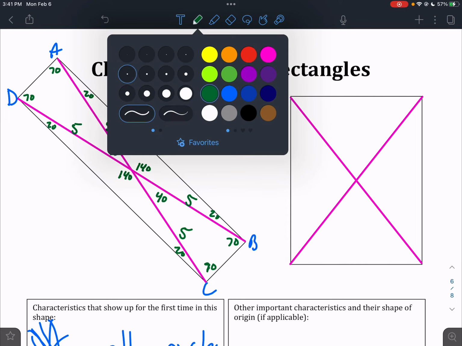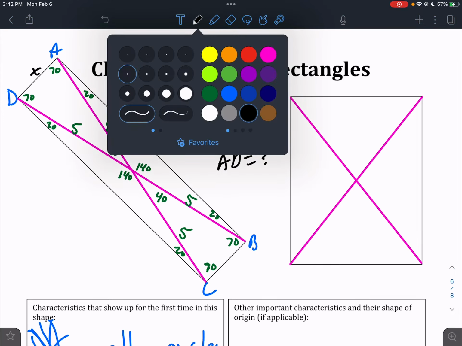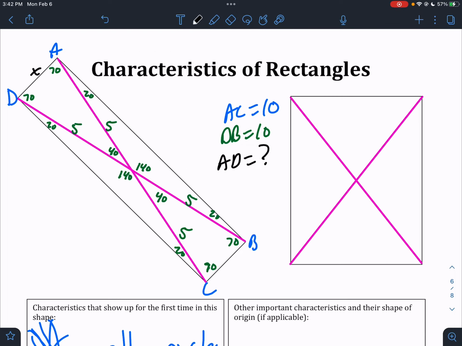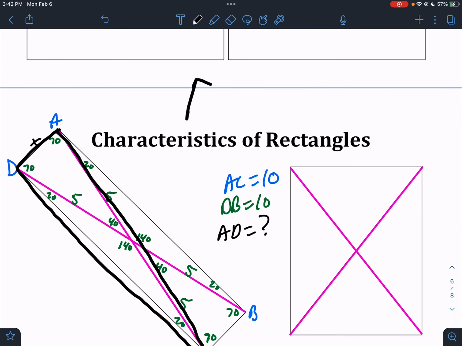Now this will be on tonight's assignment. What if I called this side X and asked you to solve for AD? What if they said AD equals something? We want to know what AD equals. Well, we know we have right triangles. So I would focus my attention on right triangles. So if you look at this black right triangle, what we basically have here is X over here.